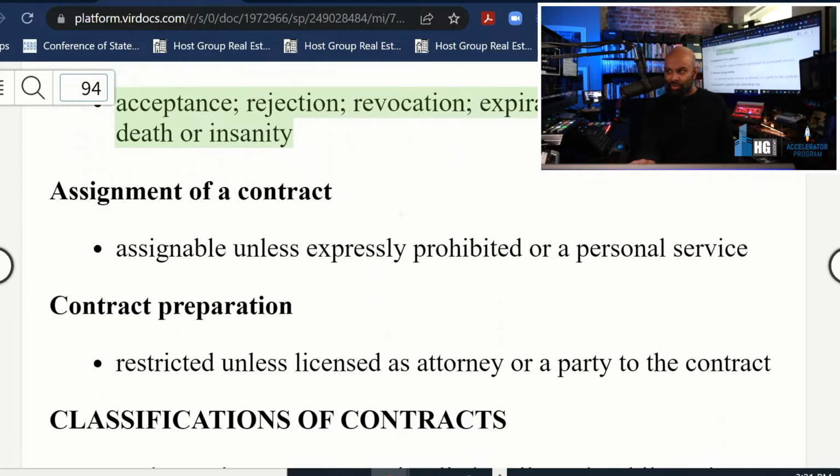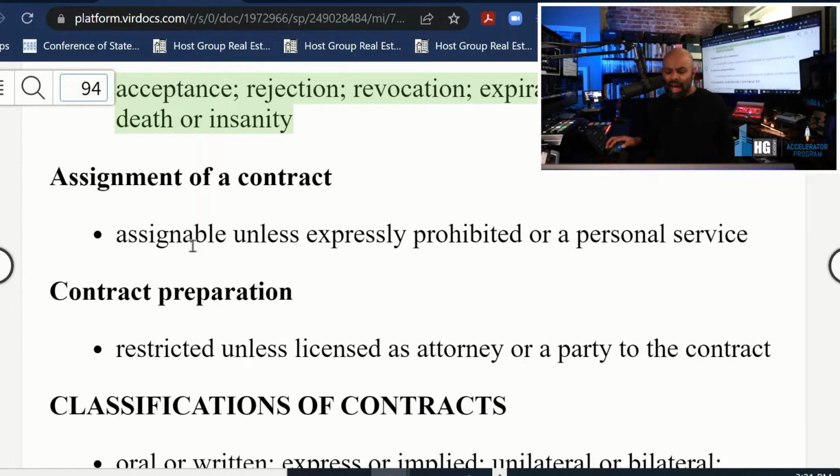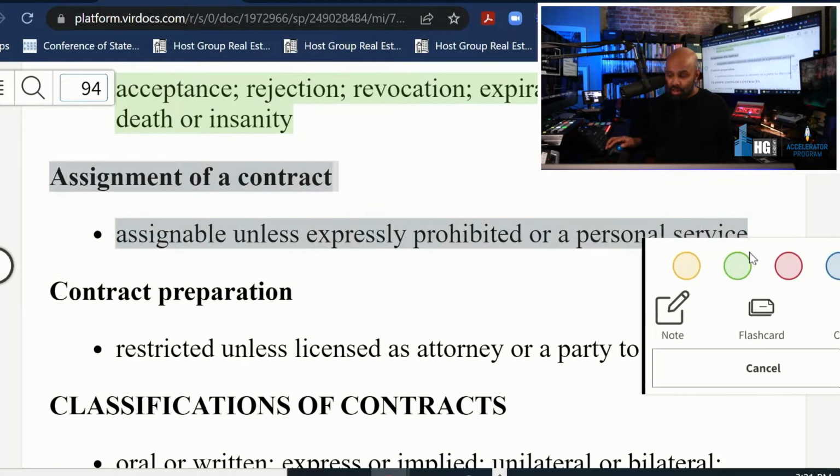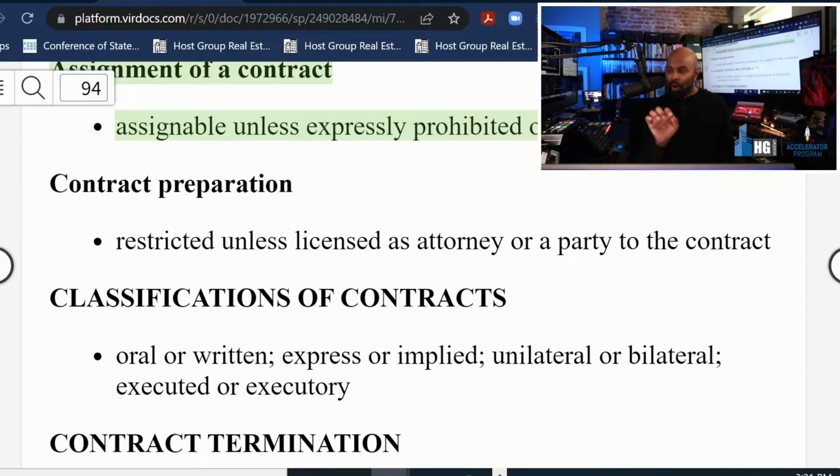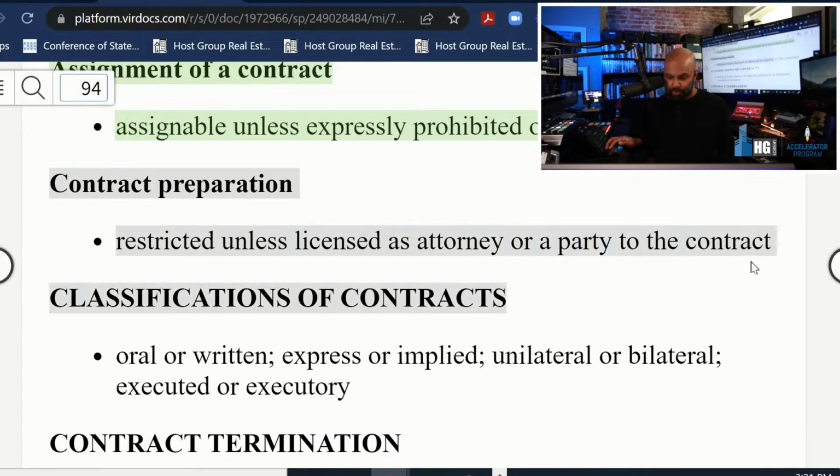An assignment of contract. A contract is assignable unless expressly prohibited, or it's a personal service contract like a listing agreement. All right? Remember, there are rules and regulations regarding the unauthorized practice of law. Contract preparation is restricted unless done by a licensed attorney or a party to the contract.